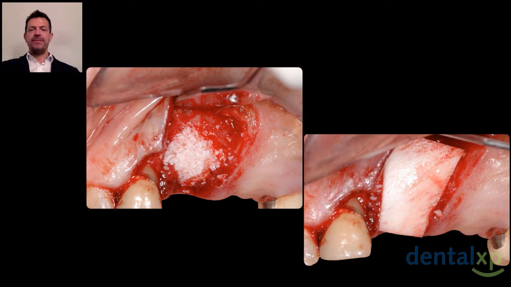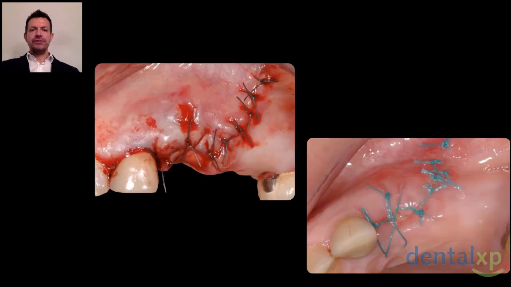These are the sutures, and we can see here the amount of the membrane that is left exposed for open healing. Also with ridge augmentation, we use the approach with open healing. After 4 weeks, we can see here the beautiful healing of the soft tissues. Almost everything is closed.